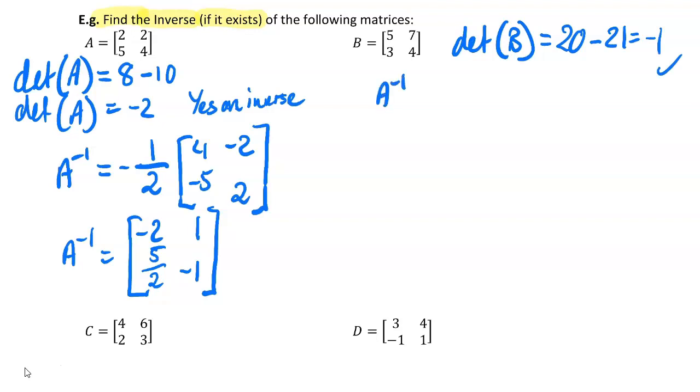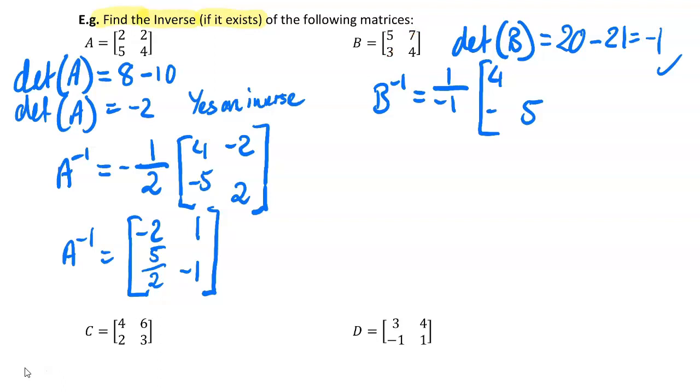So the inverse of B is equal to 1 over -1. We'll fix it up in a sec. And then I flip that diagonal. So 4, 5. Then I times the elements on that diagonal by -1.